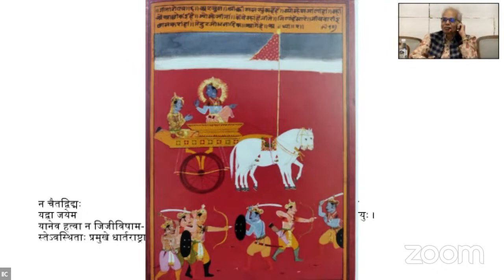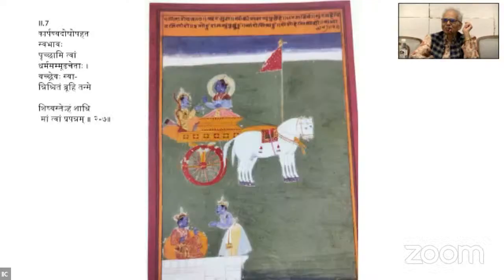And warriors are confronting each other before the start of the fight. They are eyeing each other, the Kauravas on this side and Pandavas on this side, and they are glaring. In this way, all the 550 paintings you see.